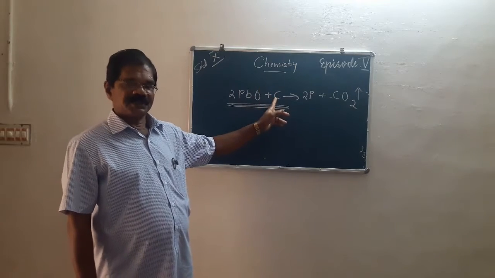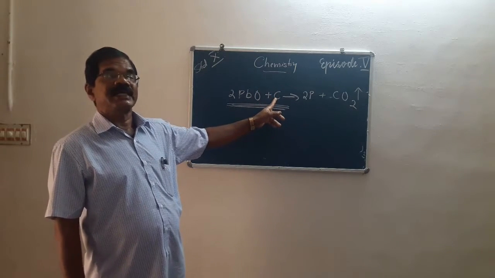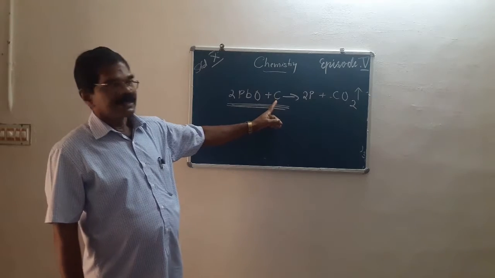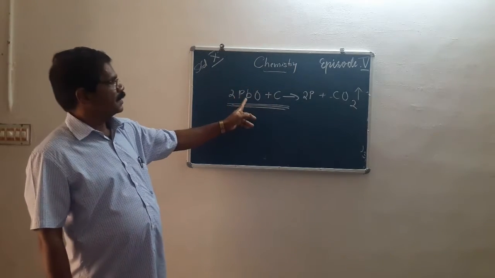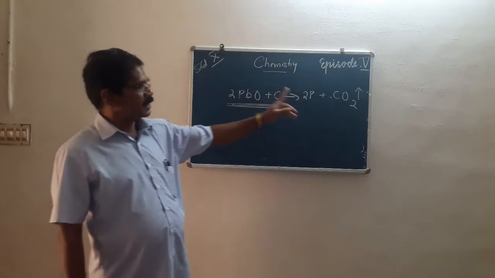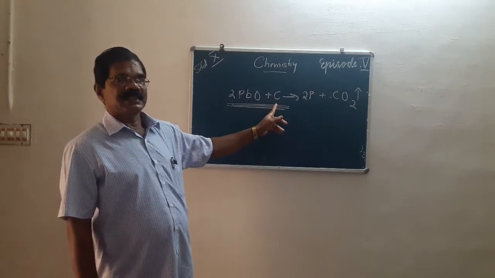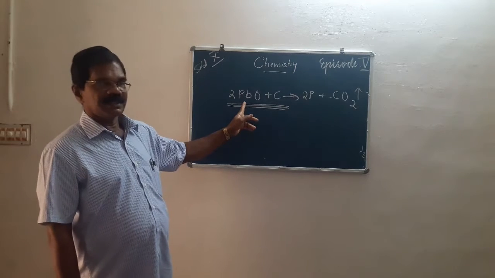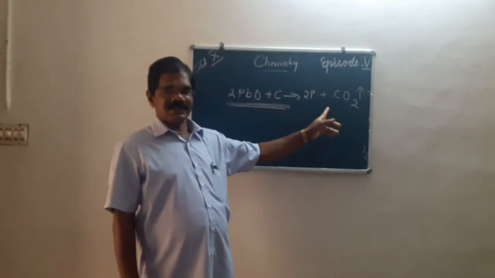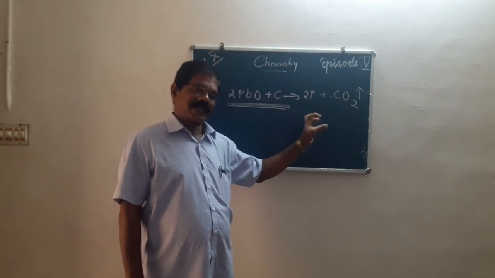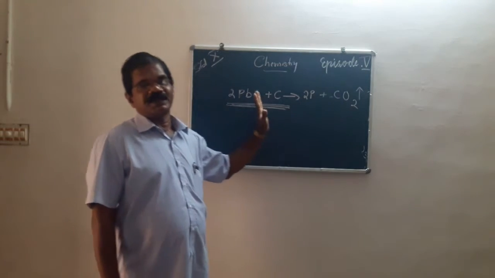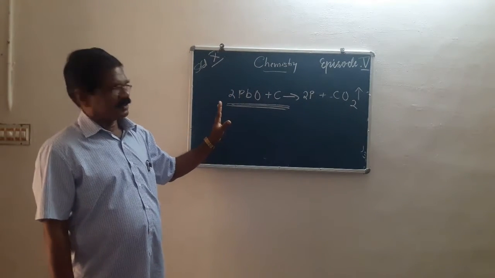Carbon combines with oxygen, and lead monoxide has oxygen removed. So the substance oxidized is carbon, and the substance reduced is lead monoxide, not lead. For writing the answer, we can go to the right side, but not write it in the answer sheet.